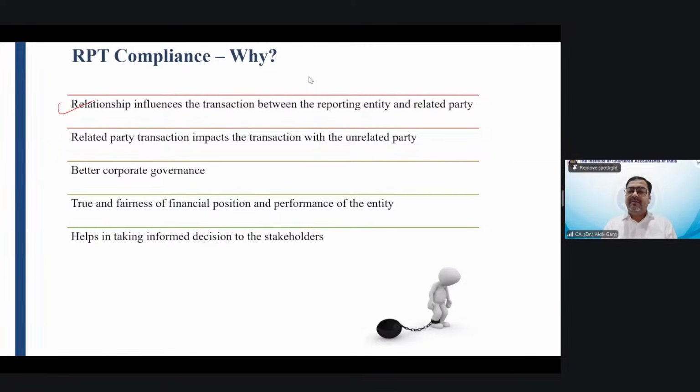That is why it is very important to do the RPT compliances from the governance perspective, in terms of taking the approvals, and in terms of disclosing these transactions and outstanding balances with the related parties in the financial statement notes to accounts. Related party relationship impacts the transaction with the unrelated party also.